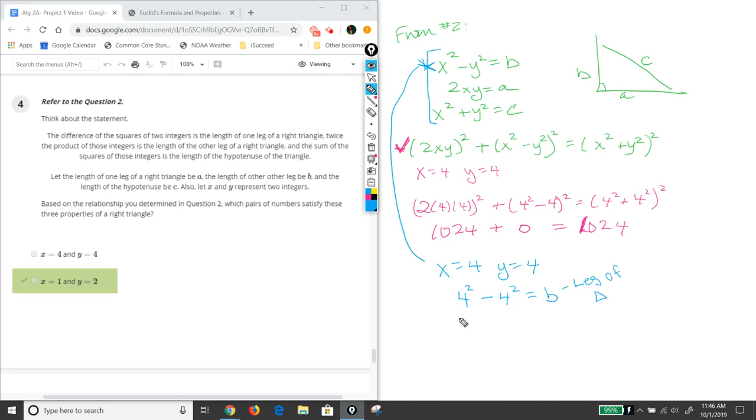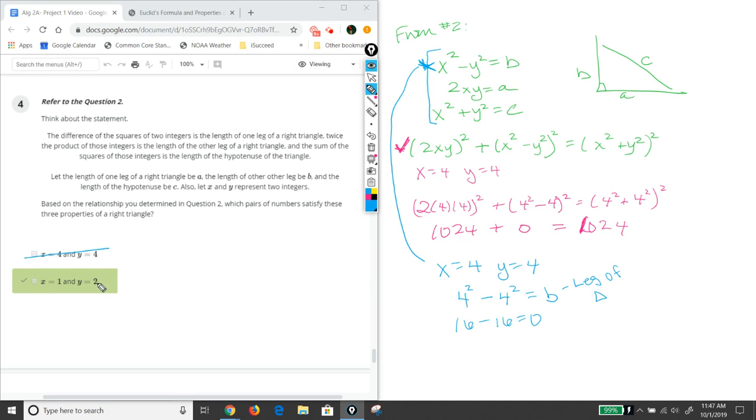So let's just see, 16 minus 16 is 0. Does it make any sense to have a triangle where one leg is non-existent? You would just have a flat line. There's no vertical at all to measure. So there's no triangle anymore. So this would not work in that first equation. Therefore, if it doesn't work in all of them, it is not a solution. So 4 and 4 does not work.